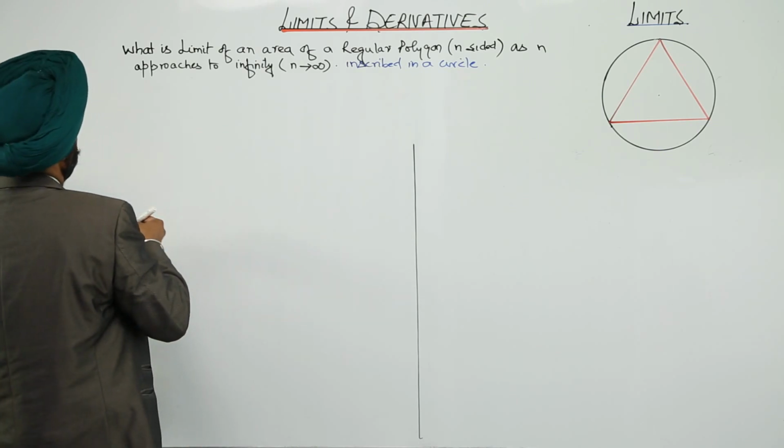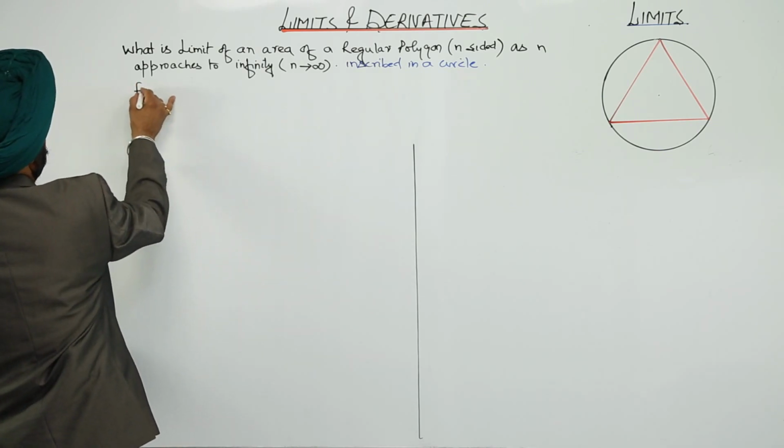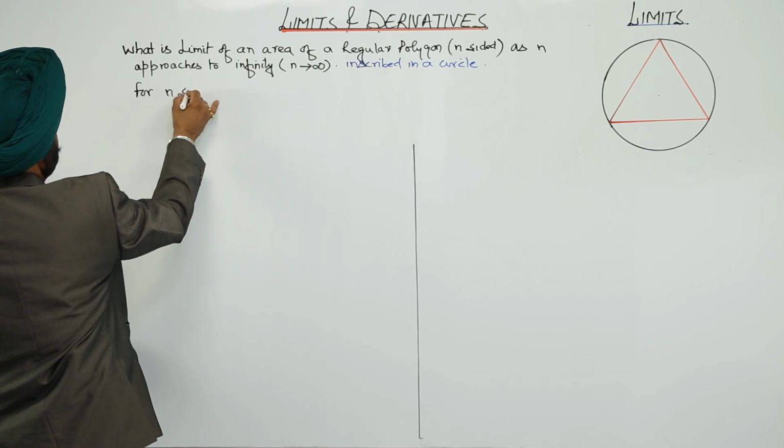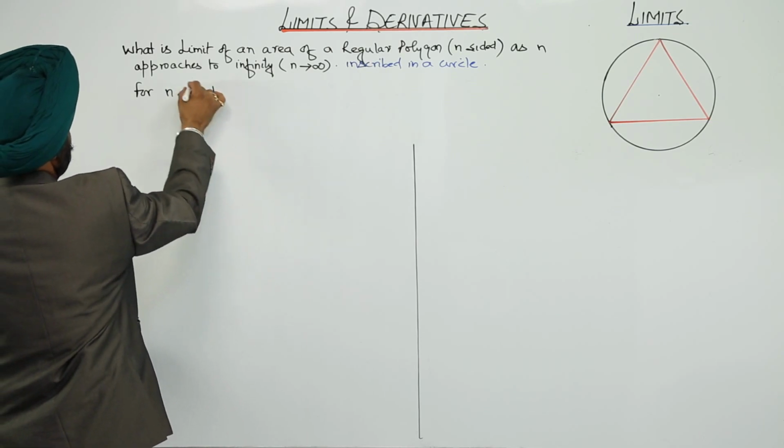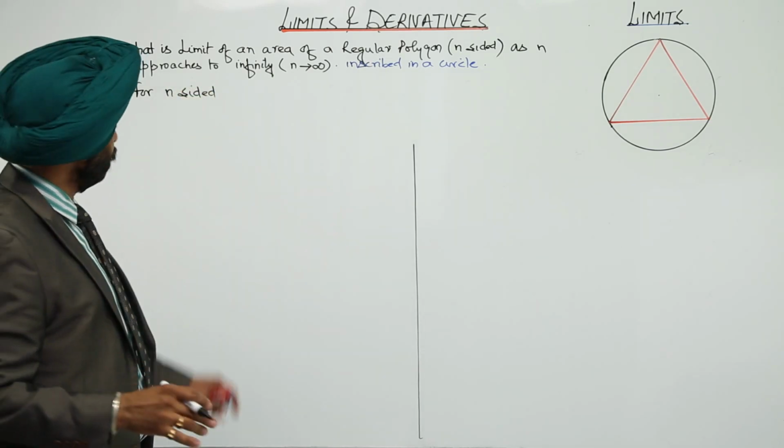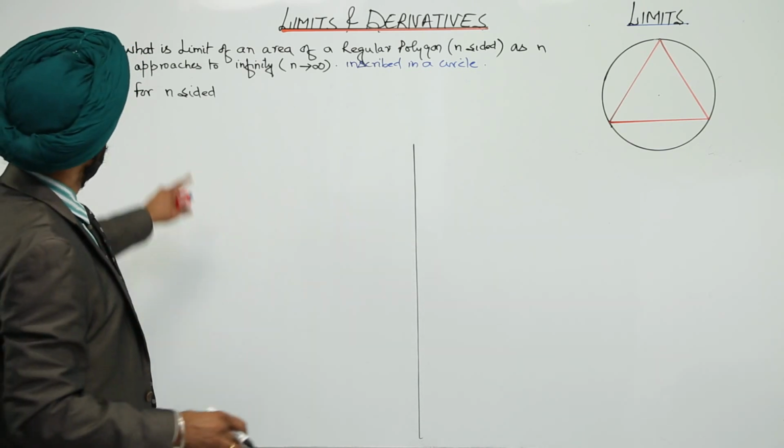Now before proceeding, what we have to do, the next step, for n sided, now here I have taken n as 3. Okay. I just want to explain something.